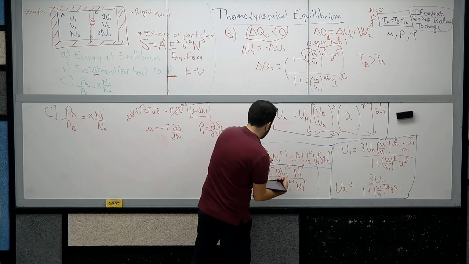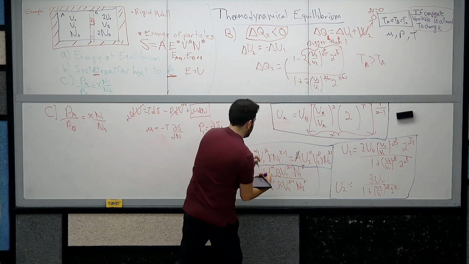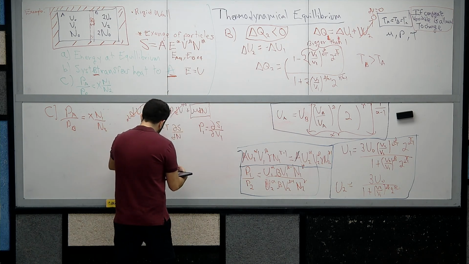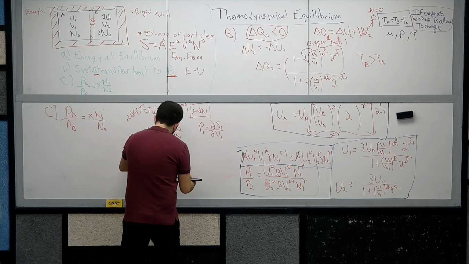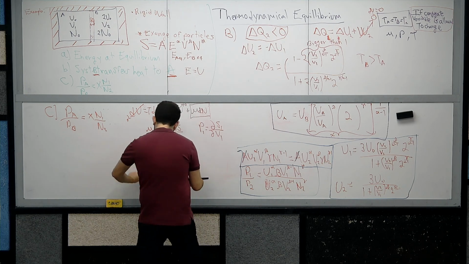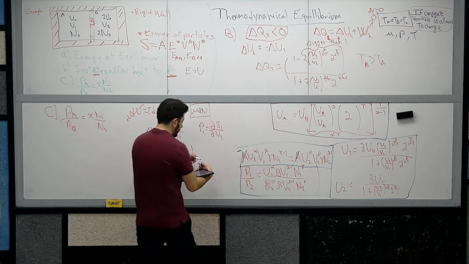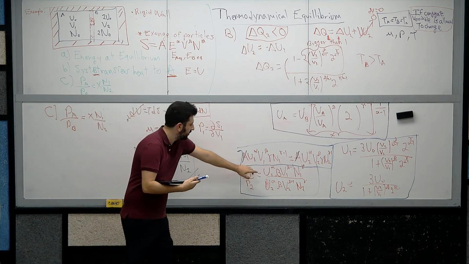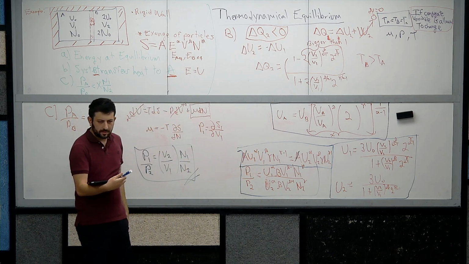Like these two cancel, and we can actually get to the relation that P1 over P2 equals V2 over V1 times N1 over N2. And this is the answer to the third one. Okay? This is a bunch of algebra just using these two equations.